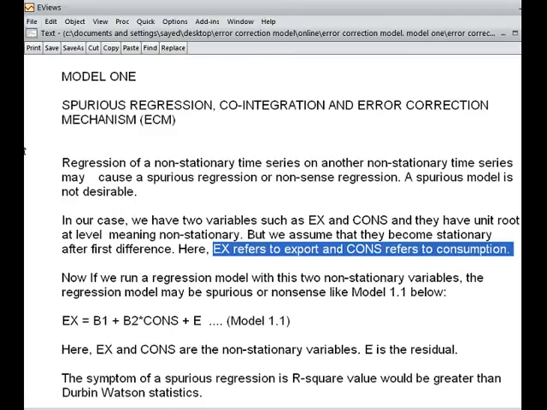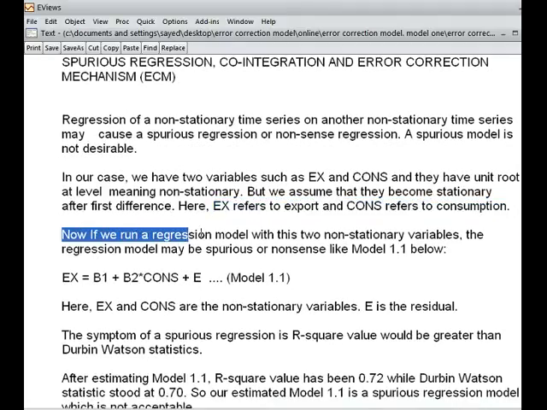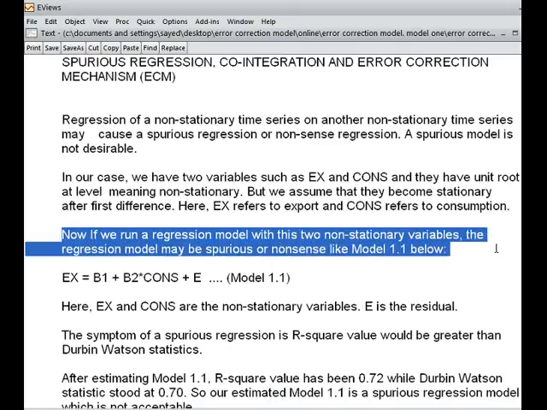Okay, now if we run a regression model with these two non-stationary variables, the estimated regression model may be spurious or nonsense, like model 1.1 below.